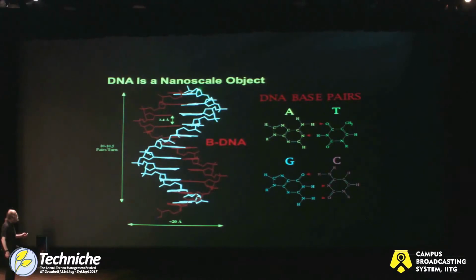Now, it's also useful to remember that the 2 strands of the double helix actually point in opposite directions. If you look at this pentagon, it's pointing down, but the one across the way is pointing up. So they're anti-parallel, not parallel to each other.